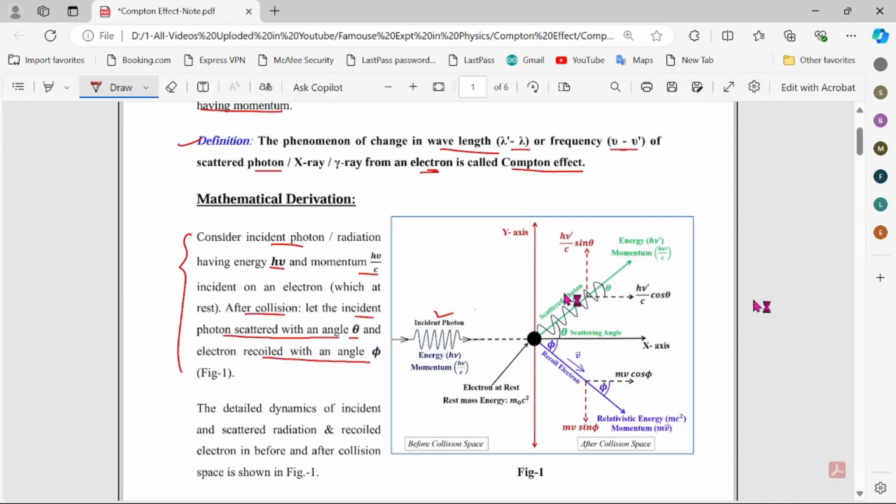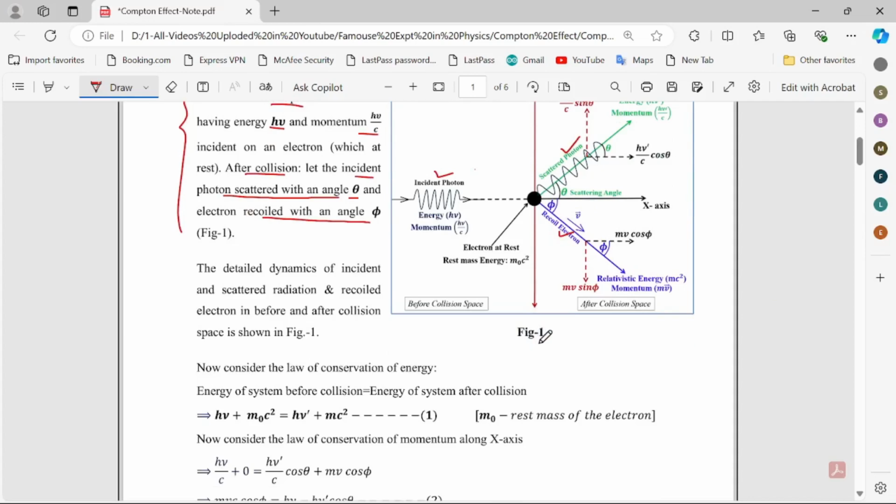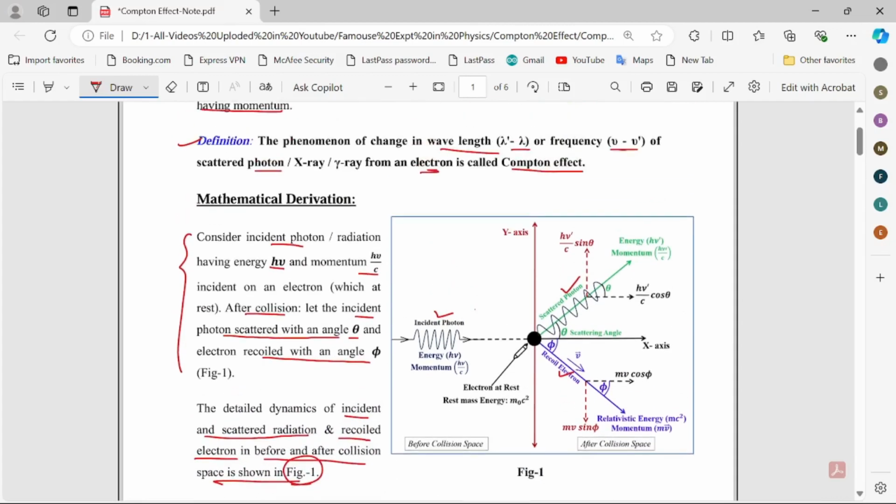This is the scattered photon, this is the recoiled electron, which is represented in figure 1. Now the detailed dynamics of the incident and scattered radiation and the recoiled electron before and after collision is shown in figure 1.